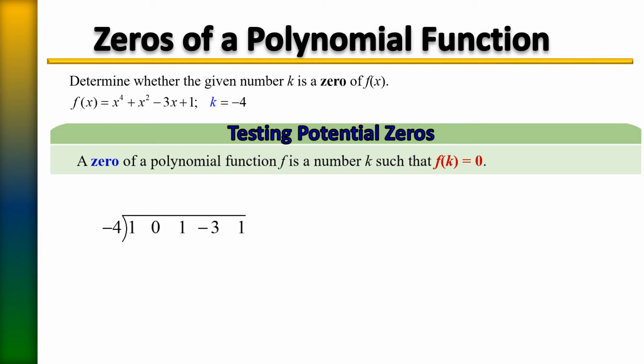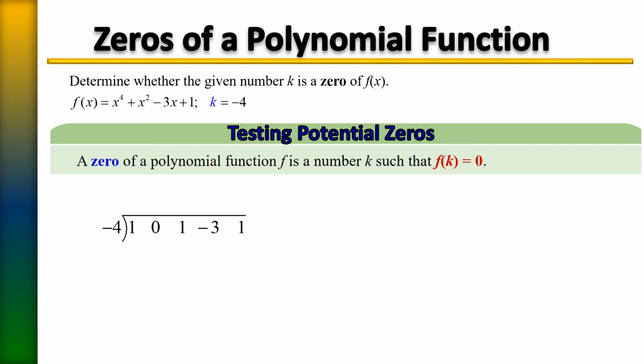Recall, we only need the coefficients, and we're going to begin that process. Once we do this, if we get a 0 for a remainder, then that is proof that negative 4 is a zero. However, if at the end we do not get a 0 and we get some number, then that means that negative 4 is not a zero.